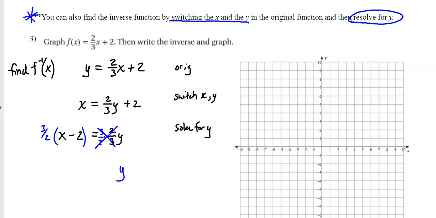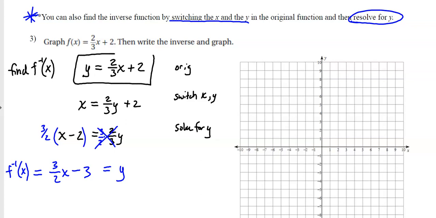And now I get y equals, and if I distribute there, that's going to be 3/2 x minus, what would that be? 6 divided by 2 would be 3. So what we've just done is we've created the inverse function. And we could graph those on the graph. You know, these are both in slope-intercept form, so they're not too bad.